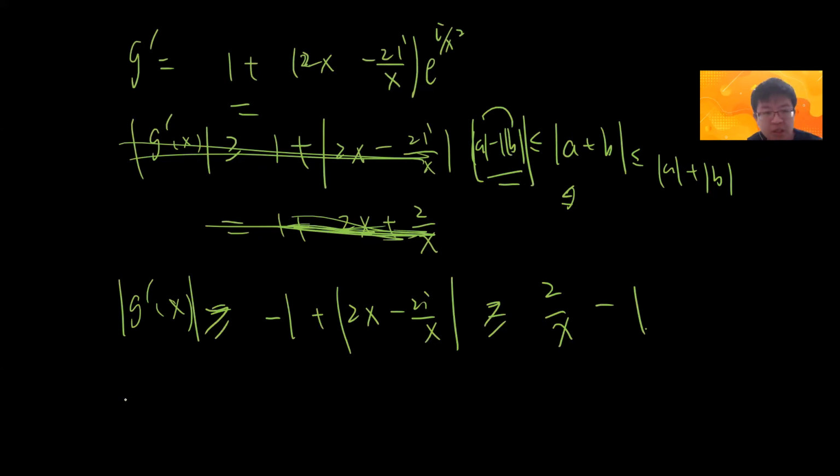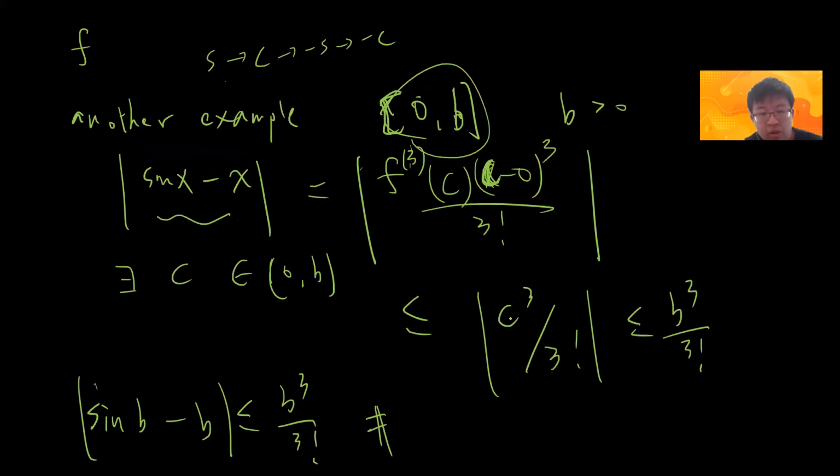And f prime of x is still 1. So the absolute value of f prime over g prime will be 1 divided by the absolute value of g prime of x.